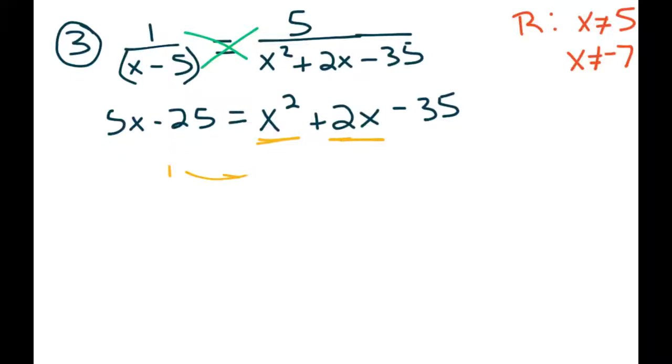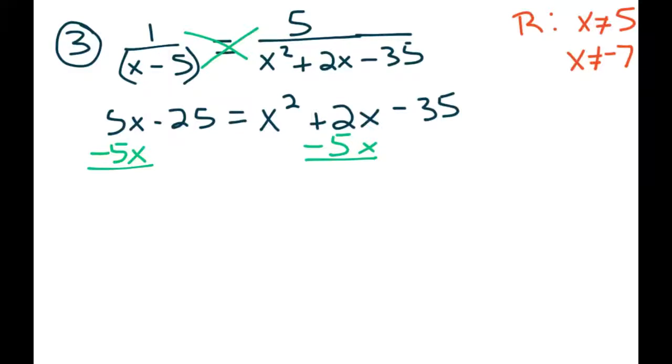What I mean by that is we want to go ahead and move everything to one side and set our quadratic equal to 0. If you remember, we used to do this when we were working with quadratics as a unit. So we're going to subtract 5x from both sides. Now notice I am putting it under the 2x.